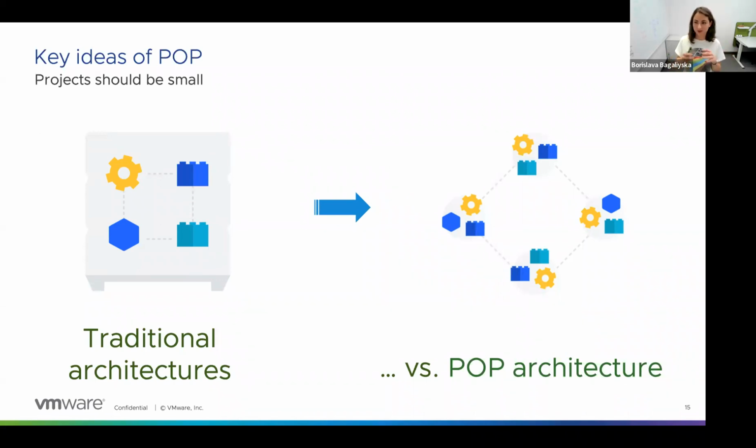We want to extract every piece of functionality we can into a different project, into a different repo. And then we have the ability to mix and match them in different ways, like shown on the right, and have much more flexibility, plus the additional benefit that small projects are easier to write and maintain.